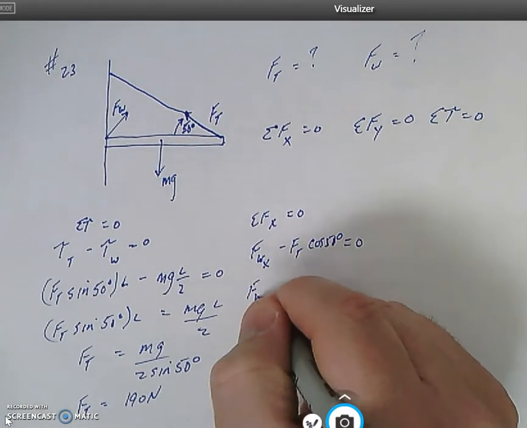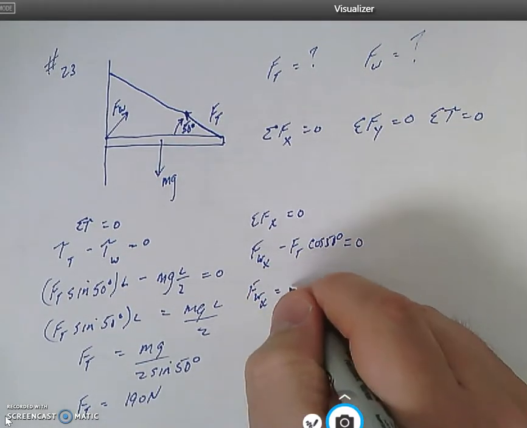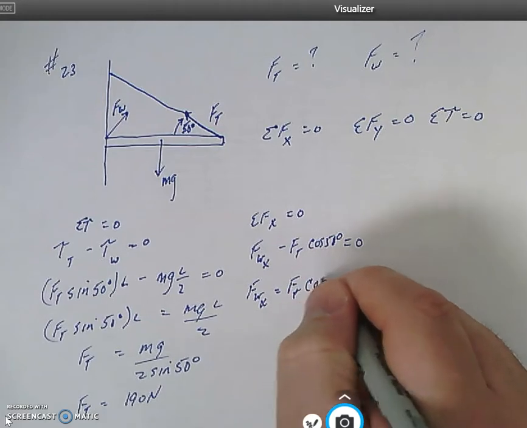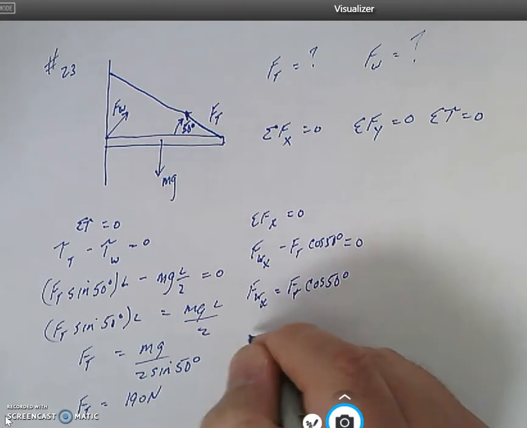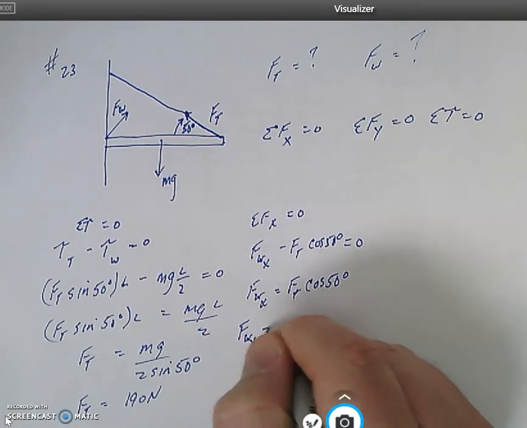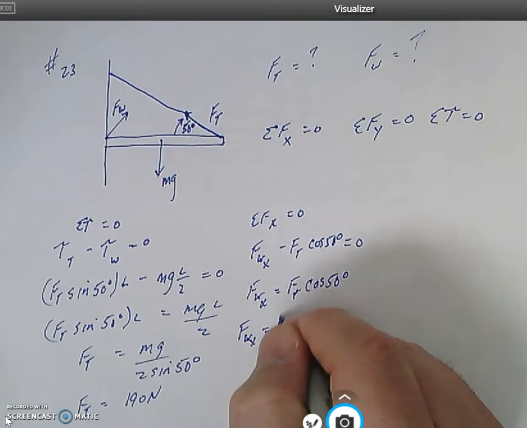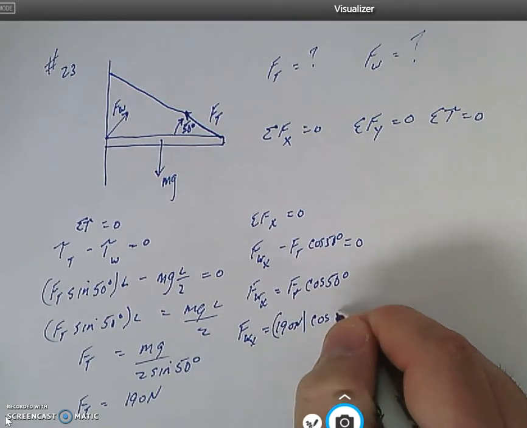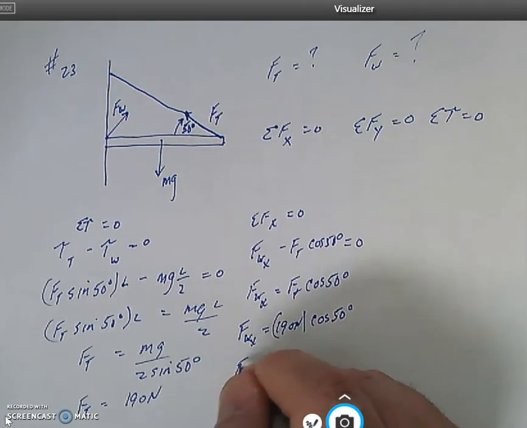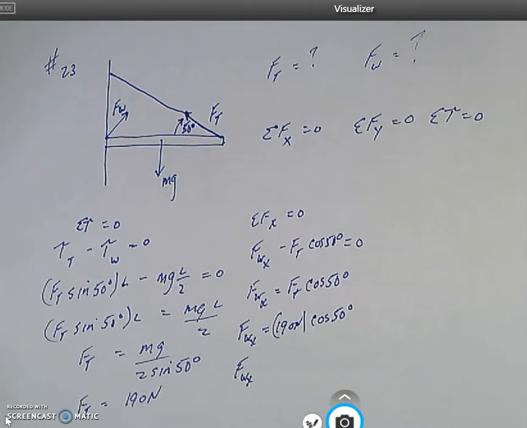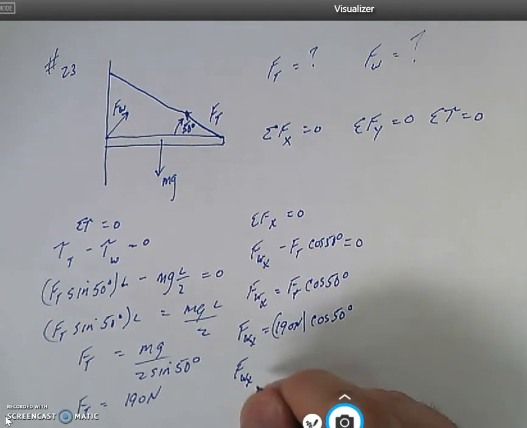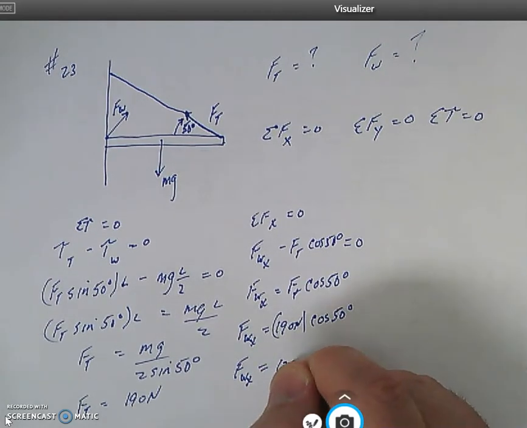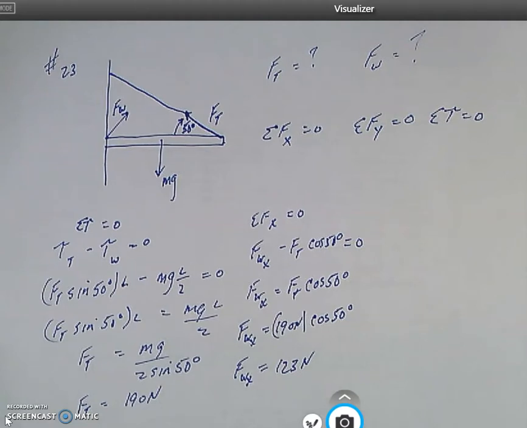So the wall's x force is Ft times the cosine of 50 degrees, which is 190 newtons times the cosine of 50 degrees. That's roughly 123 newtons.